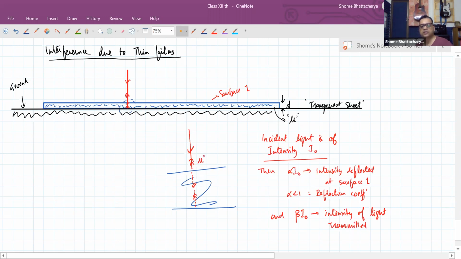This is reflected, this is transmitted, and this again reflected from below at the second surface. Okay. So here beta is also less than 1, and it is called the transmission coefficient.